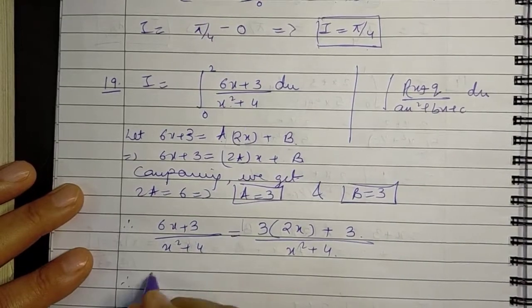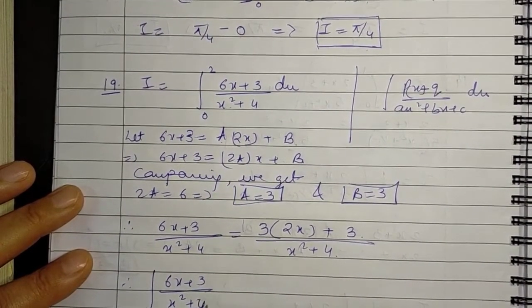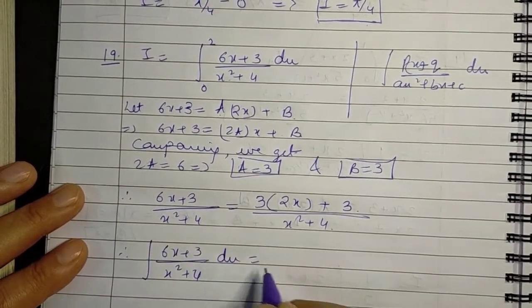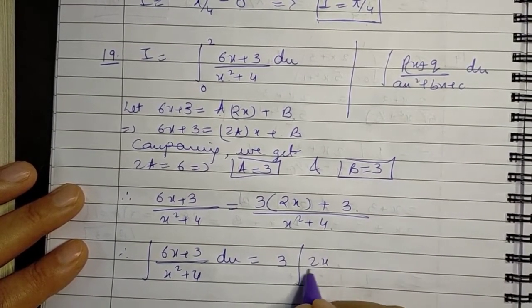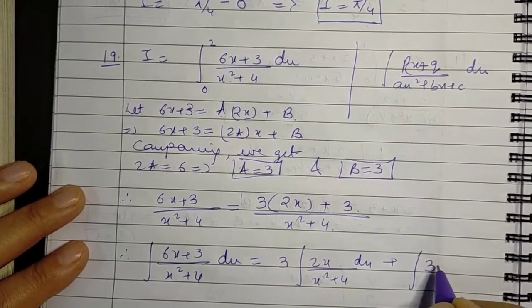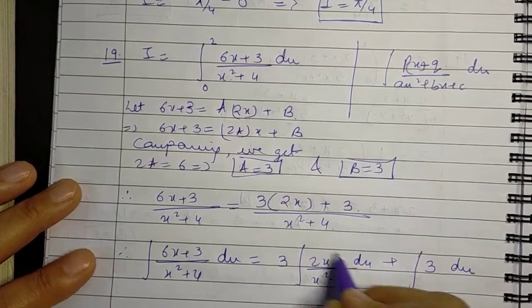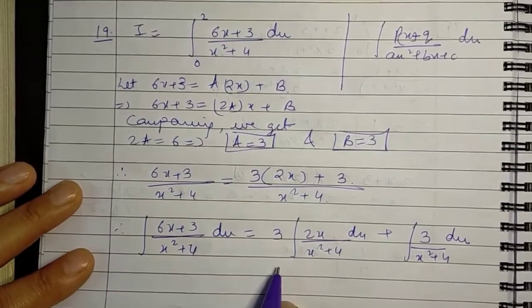Therefore, the integral of 6x plus 3 upon x squared plus 4 dx becomes equal to 3 times the integral of 2x over x squared plus 4 dx plus 3 times the integral of dx upon x squared plus 4.